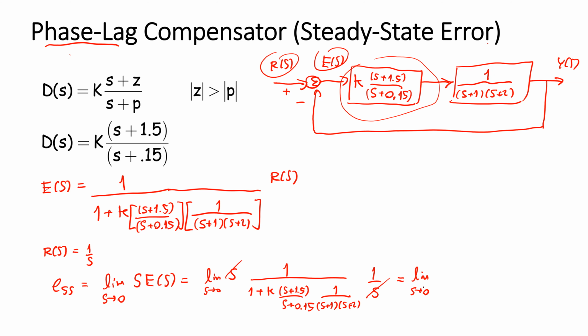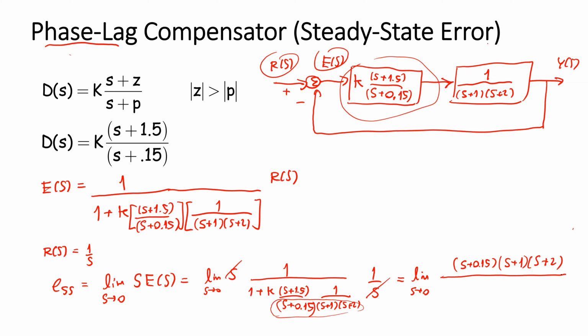So when s goes to 0, I should multiply all the terms by this denominator. So in the numerator, we have s plus 0.15 multiplied by s plus 1 and s plus 2.